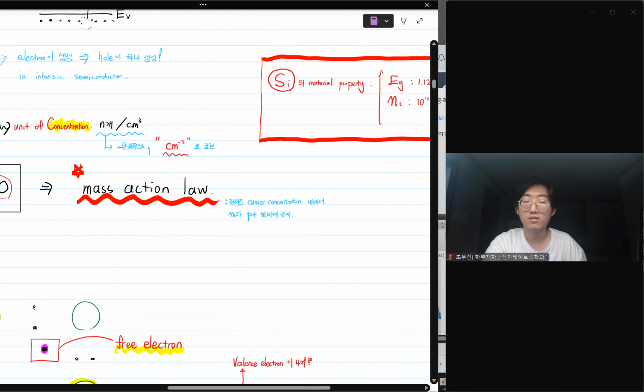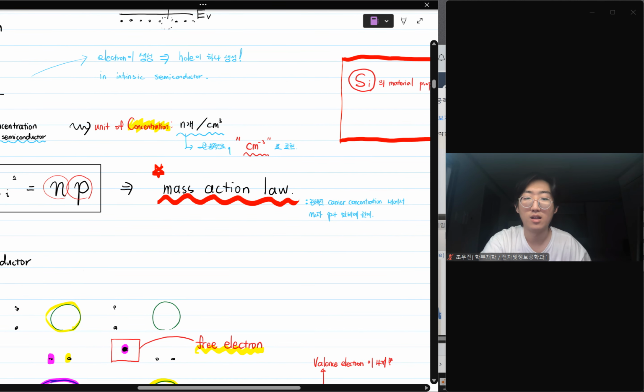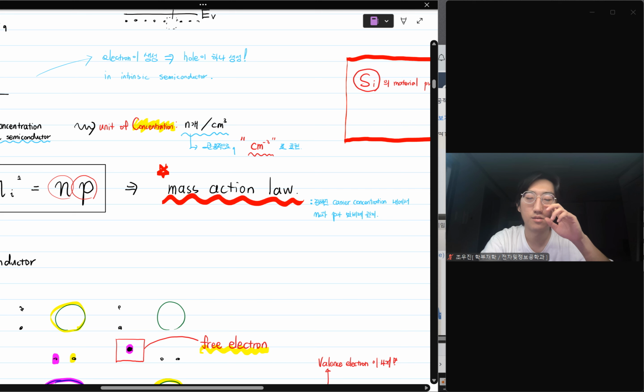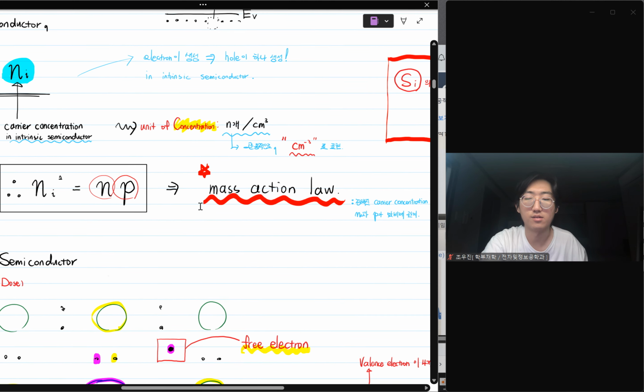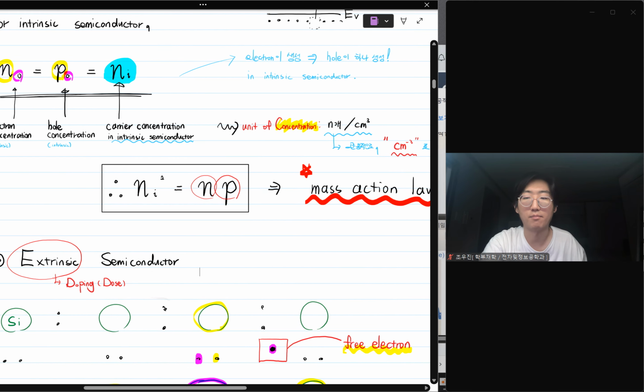It means that there is an exact value of carrier concentration, and n and p are related to that.